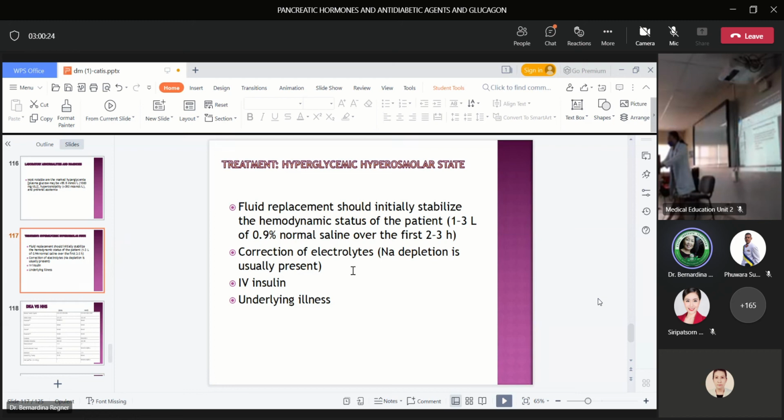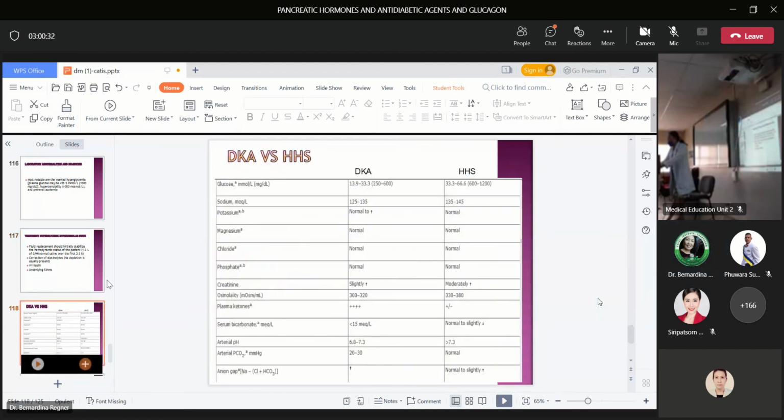Then correction of electrolytes. There is usually hyponatremia, IV insulin, and then treat the underlying illness. Okay, so this is now your DKA or diabetic ketoacidosis versus hyperosmolar non-ketotic diabetes mellitus. So you just go through this, okay?